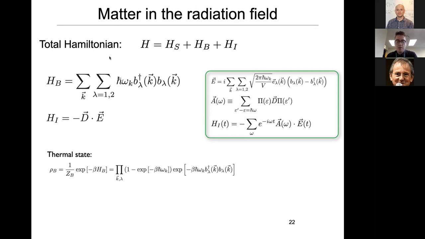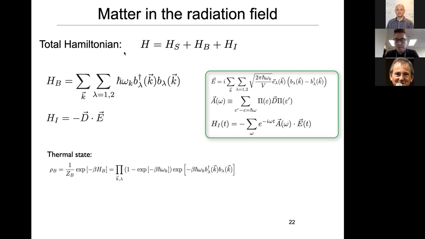And the reason that this application is of interest is because the approximations that underpin the derivation of the Markovian master equation tend to be well satisfied for these types of systems, in a typical quantum optics setting.